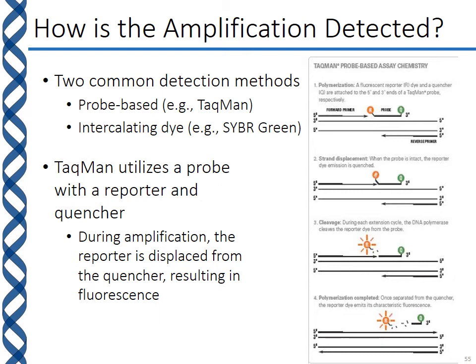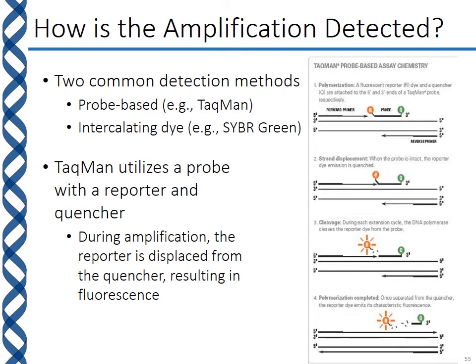And the reporter molecule fluoresces at a specific wavelength that can be detected by the qPCR machine. However, that same wavelength is absorbed by the quencher, and so it's fluorescing at one wavelength, and the quencher is absorbing all the light emitted at that wavelength.